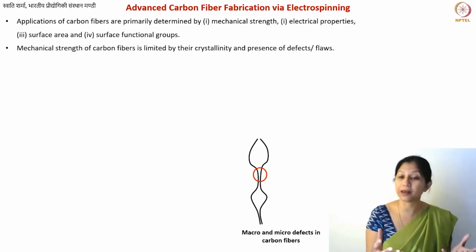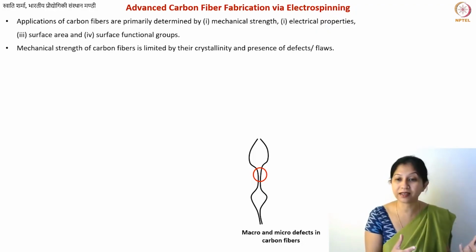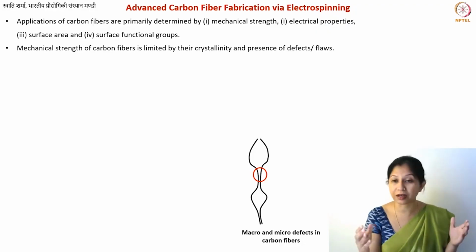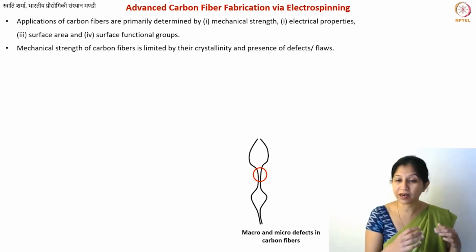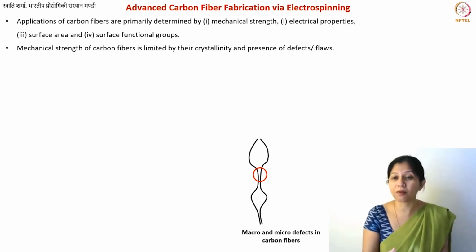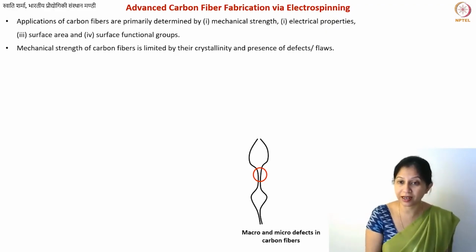You can actually see them. In fact, that is the reason people often use this horizontal electrospinning setup, because these are heavier fibers, which at least most of them will fall before reaching the collector electrode.